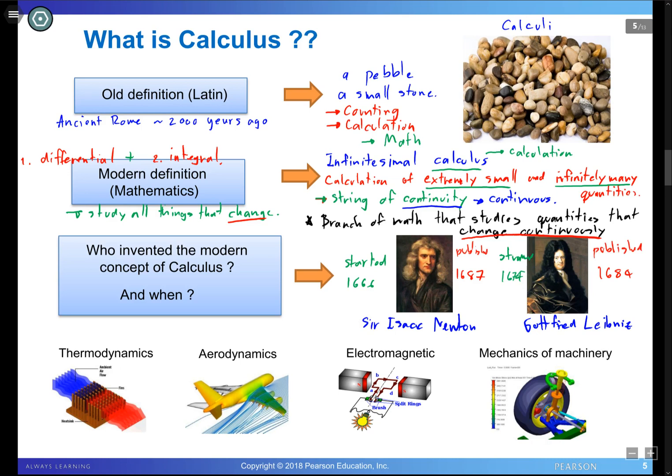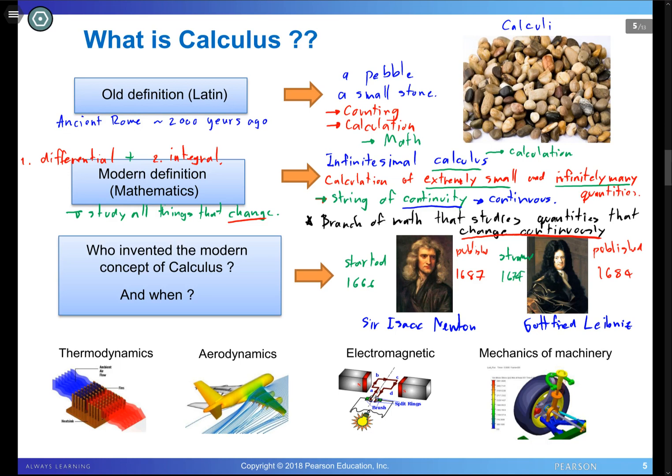So one person started his work first, but the other published first, and there was a major controversy between them for years in the early 1700s over who should claim the accomplishment of being the inventor of calculus. But in the end, we honor both of them as the inventors of modern calculus, because it has been proved that they didn't copy each other's work. They developed their work independently, but it happened at around the same time.